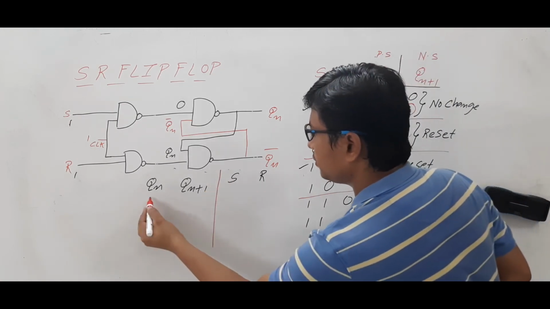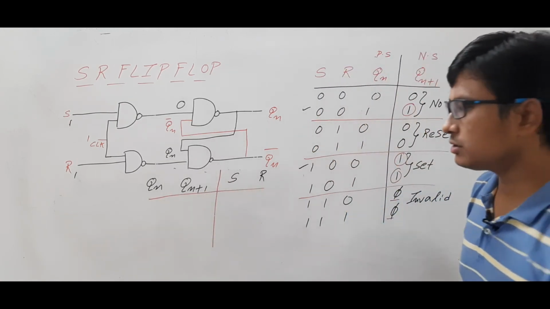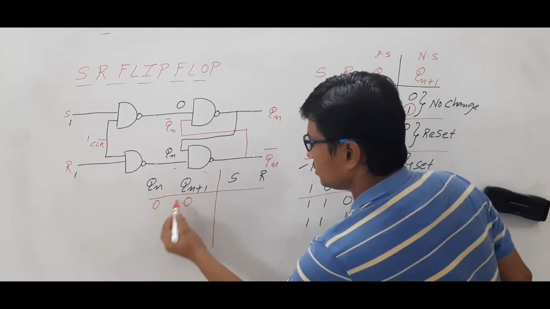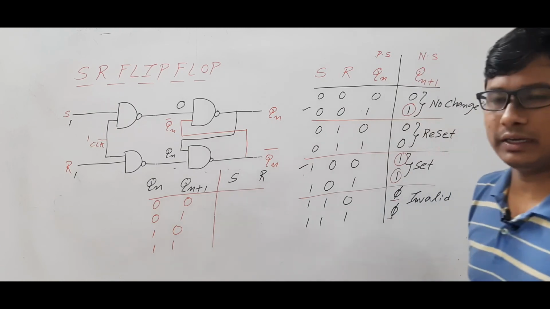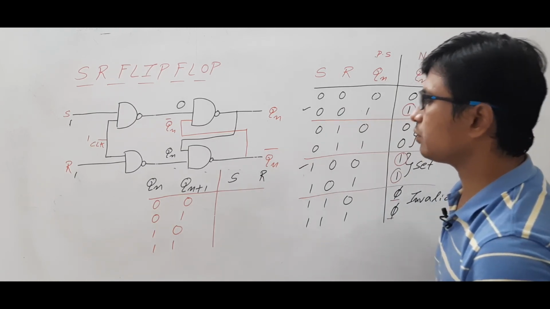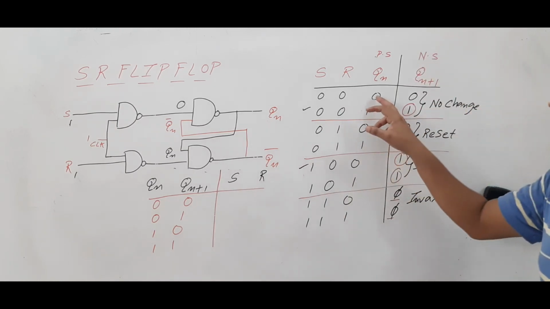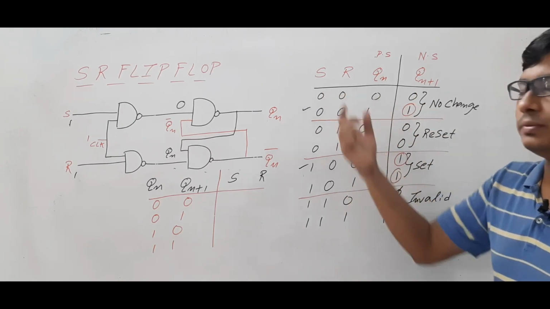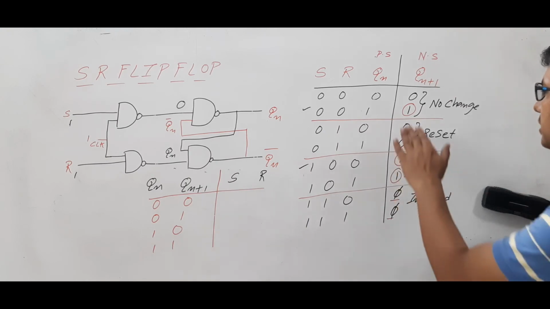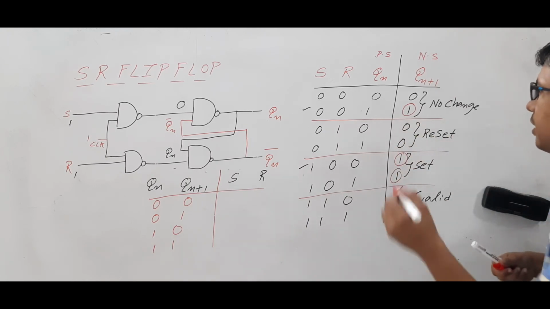Now if you have two inputs, how many combinations will you get? 0 0, 0 1, 1 0, 1 1. Am I right or wrong? Now if Qn is 0 and Qn plus 1 is also 0, what will be the S and R values? Look at the combinations wherever it is so.